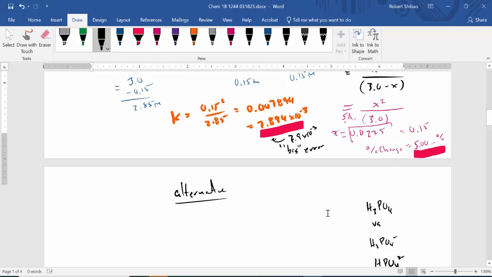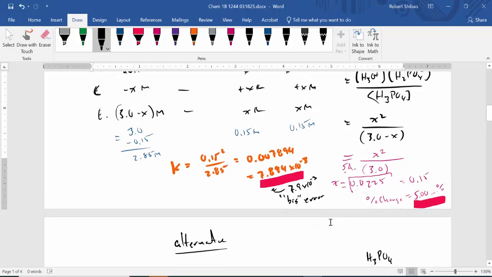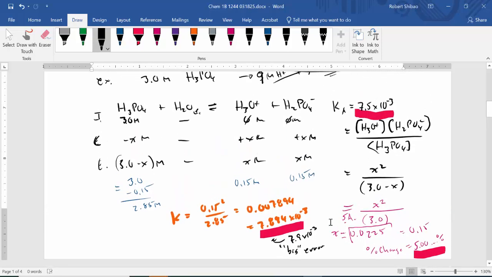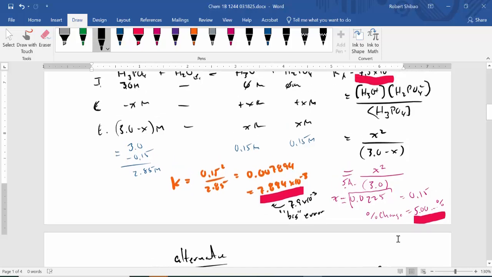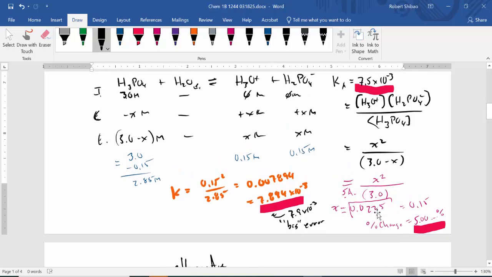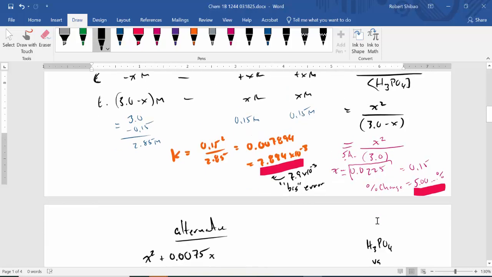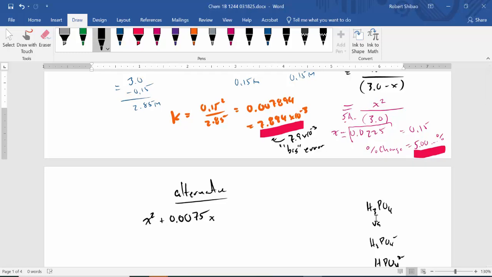And so if I do the quadratic, I'm going to get x squared. I'll just get it into quadratic form. X squared, I'm going to write it in decimal form. Plus 0.0075 x minus 3 times that, which is 0.0225, minus 0.0225, and this is going to equal 0.